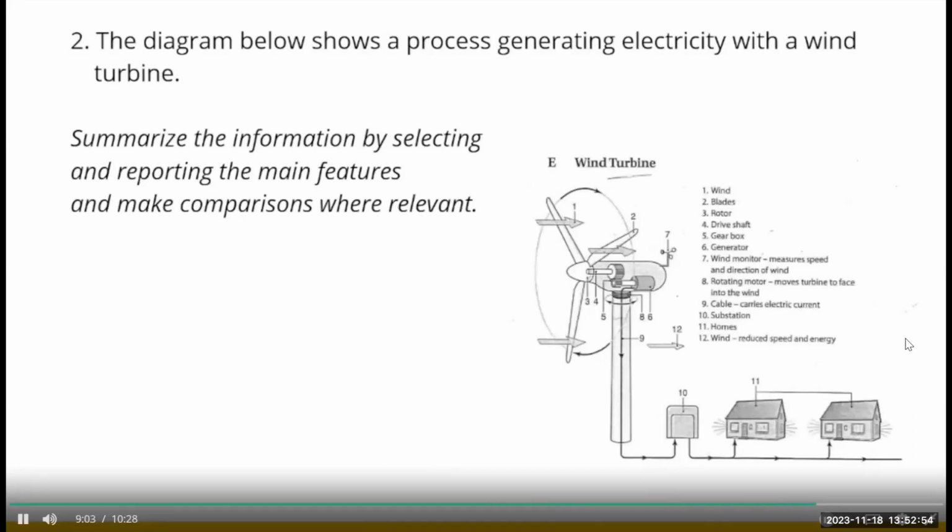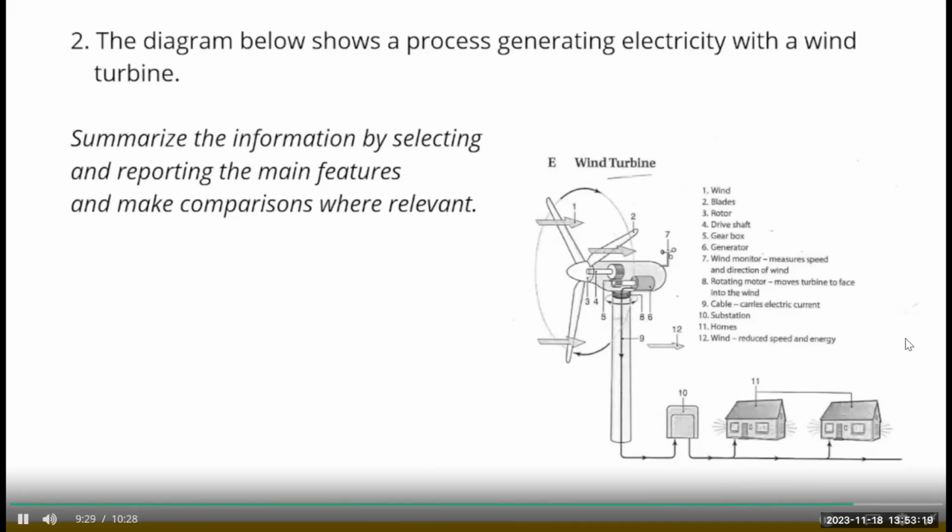So make sure to read your prompt, which states the following. The diagram below shows a process generating electricity with a wind turbine. So here we see, and it actually clearly states, it shows a process generating electricity with a wind turbine. So you have a process and it explains how electricity is being generated with a wind turbine.